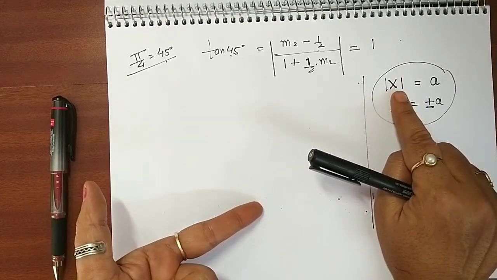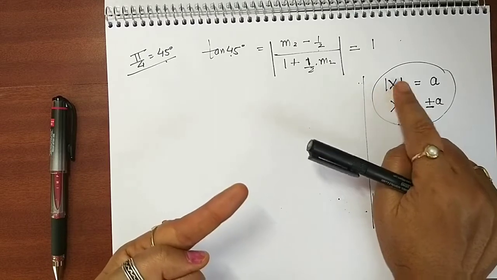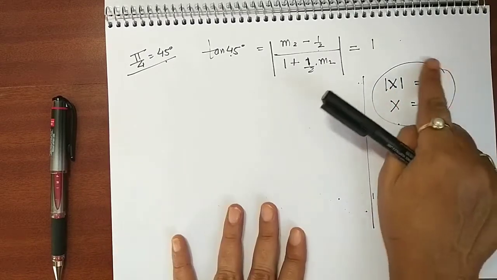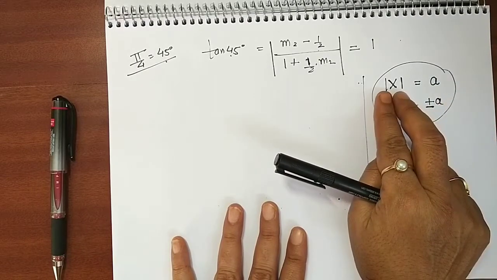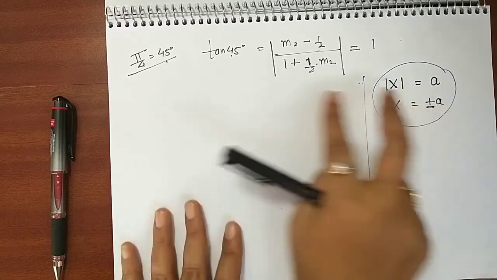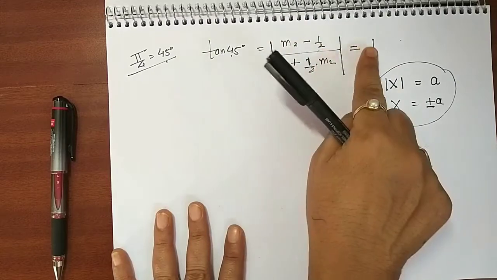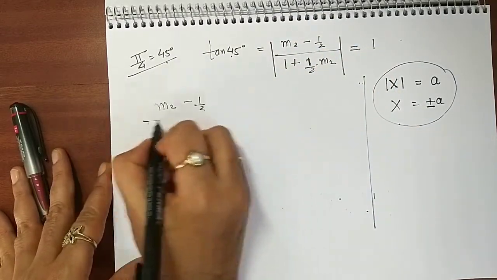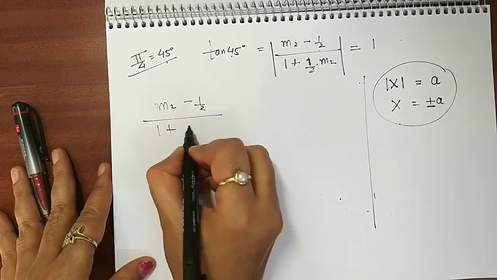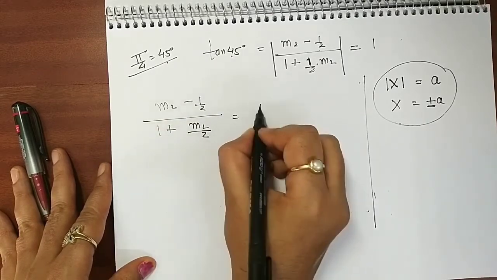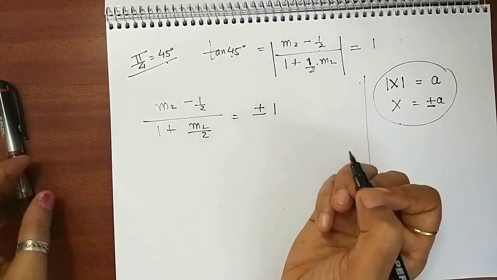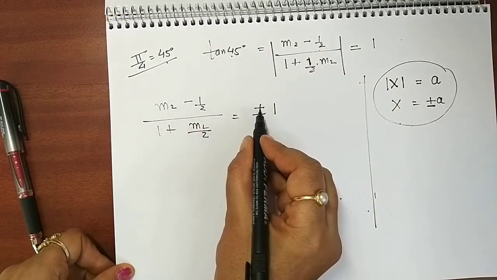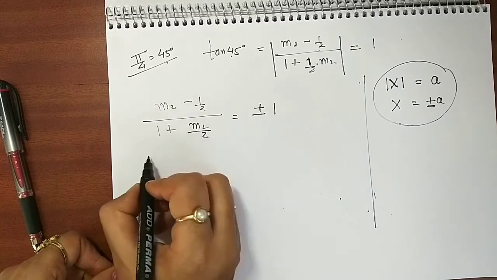Before you opened it, it may be plus or minus, but once you open it, it's always positive. So without getting confused, just remember, if mod of x is a, then x will be plus minus a. So this is equal to 1, so that means this will be plus or minus 1. m2 minus half by 1 plus m2 by 2 is plus minus 1. Okay, I am using this information. Now I will apply first plus and then minus, and I will get my answer.